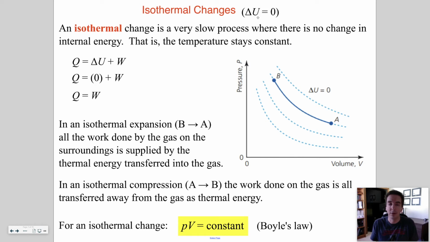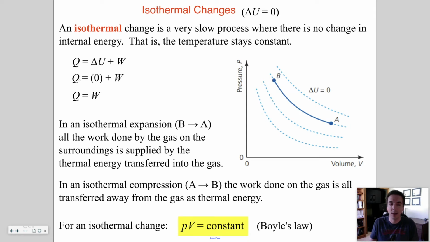Remember, this delta U is that internal kinetic energy. If the temperature stays the same, that does not change. So in our statement of the law of conservation of energy, the first law of thermodynamics, this delta U term depends on the temperature, so with a constant temperature, the change in internal energy is zero.